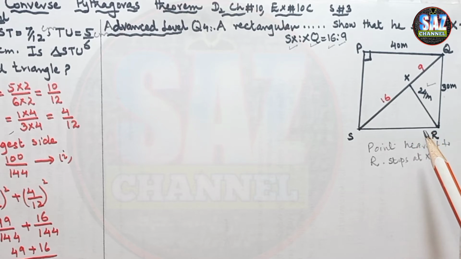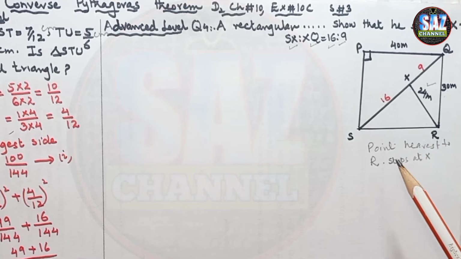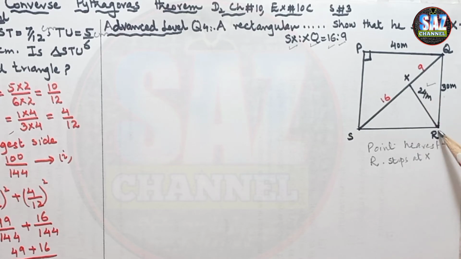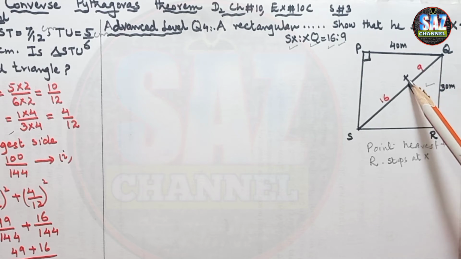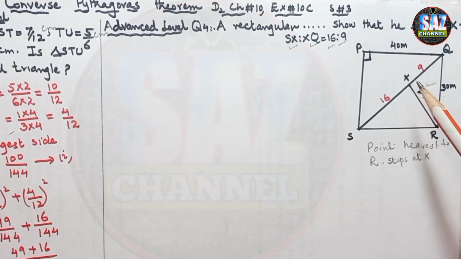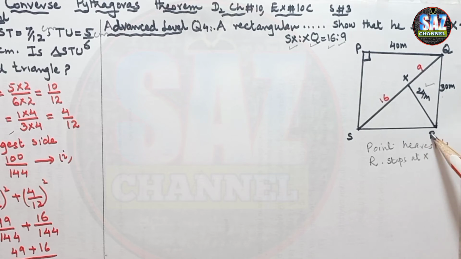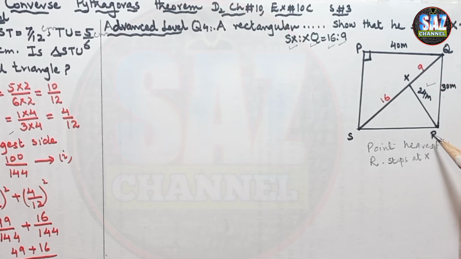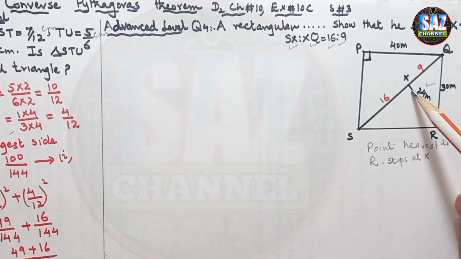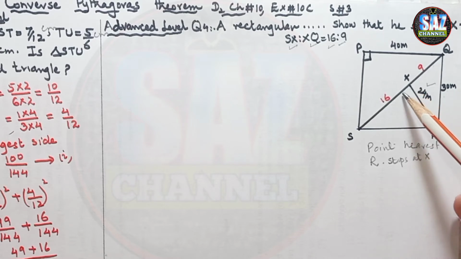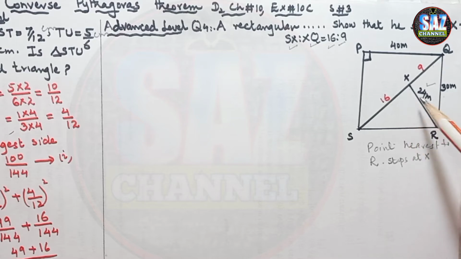Now, if we read the question carefully, it is asking that Janvi stops at the point which is nearest to R, and we have to show that she is stopping at X. In order to show this, we actually have to show that she makes a right angle at point X, at RXS and RXQ.